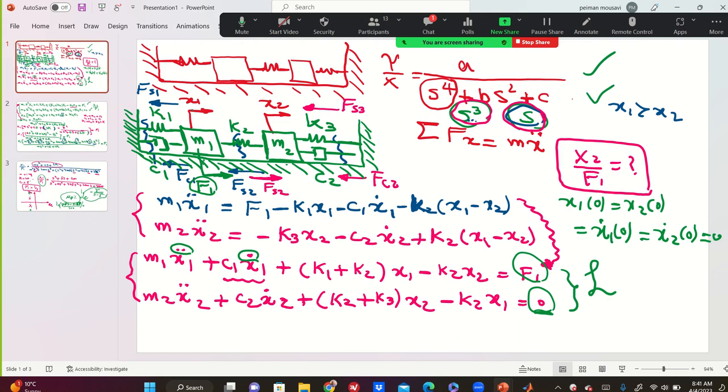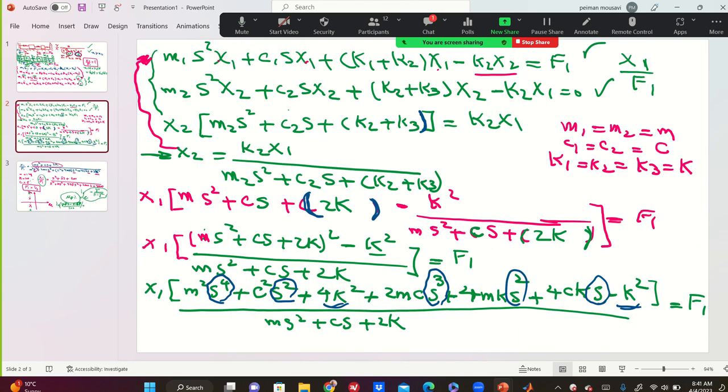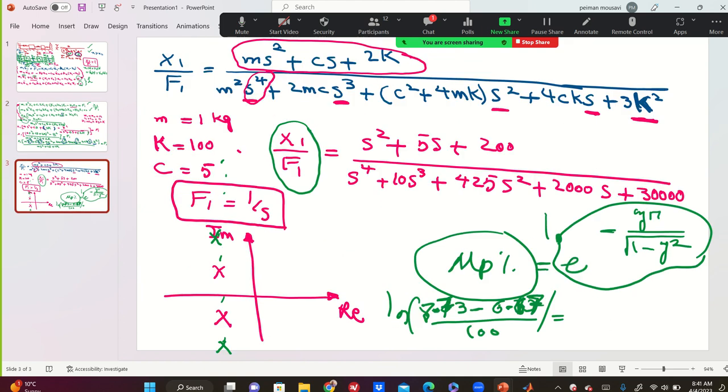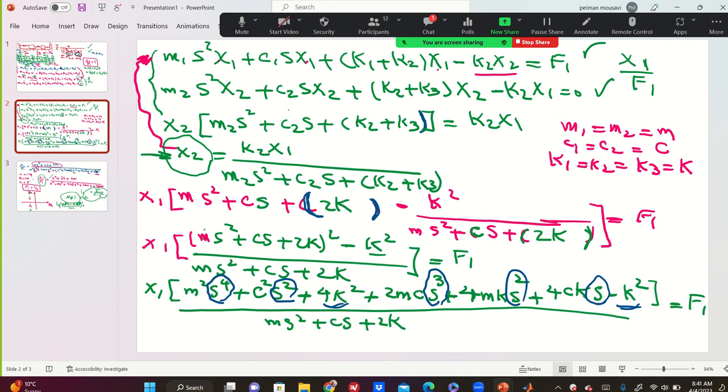Now if I say calculate x2 over f2, because you have from here x2 is here and you have x1, just replace it there, that's right. See what I'm saying? Just replace it there.